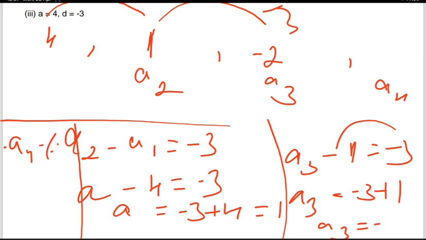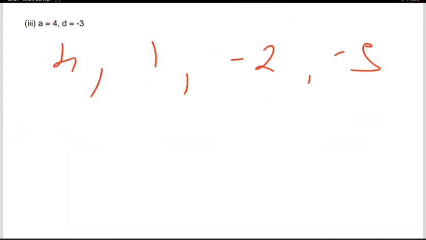So A4 minus of minus 2 is equal to minus 3. So A4 plus 2, minus into minus changes to plus. If we take plus 2 to that side, it changes to minus 2. So minus 3 minus 2 is minus 5. So A4 is minus 5. So this will be your first 4 terms of the given AP.